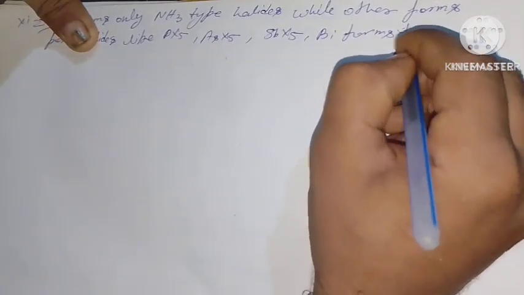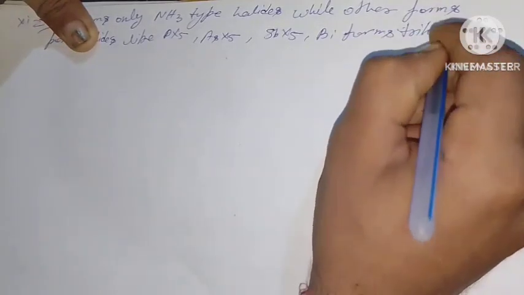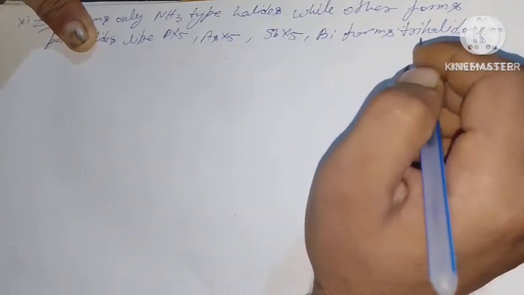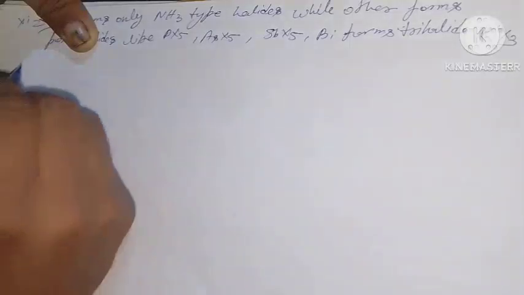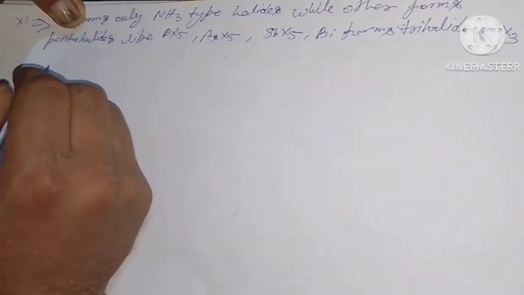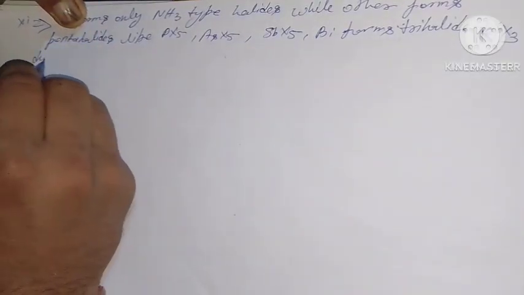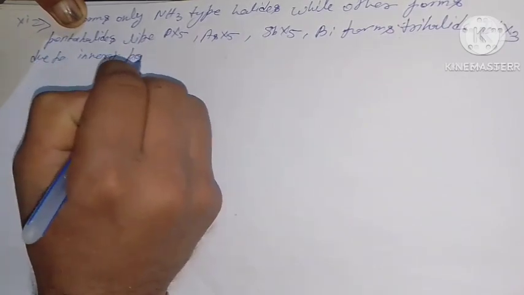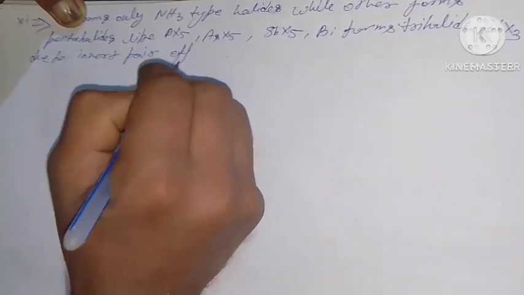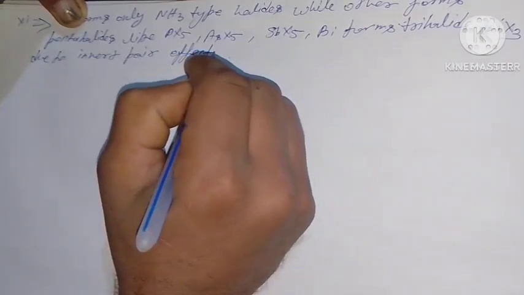Bi forms trihalide BiX3 due to inert pair effect.